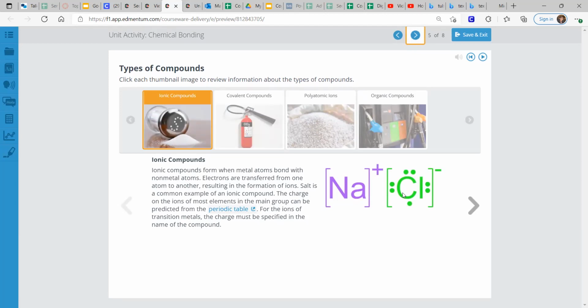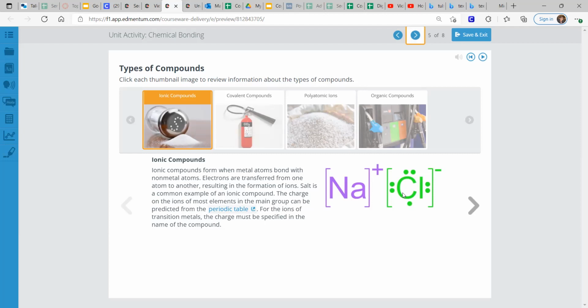Therefore, when they combine, they form an ionic compound. Electrons are transferred from one atom to another, and when atoms transfer electrons, they form ions. Salt is a common example of an ionic compound.